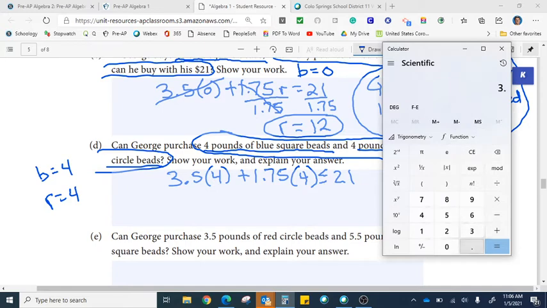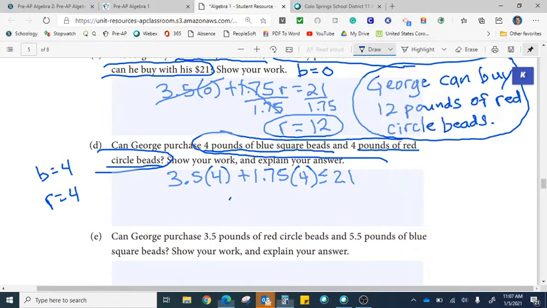So 3.5 times 4 plus 1.75 times 4 equals 21 exactly. All right? So this equals 21.